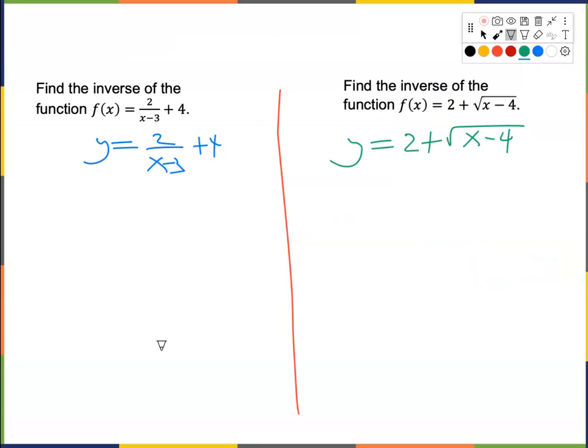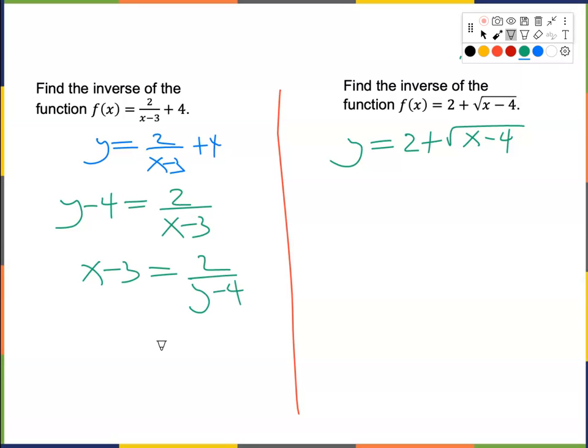Next, find the inverse of the function of these two examples. The first one, f of x equals 2 over x minus 3 plus 4. So let's solve this. That becomes y equals 2 over x minus 3 plus 4. Then subtract 4. y minus 4 equals 2 over x minus 3. And then you can cross multiply or switch these two. x minus 3 is equal to 2 over y minus 4.